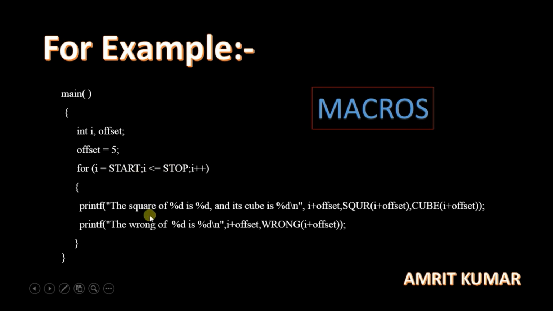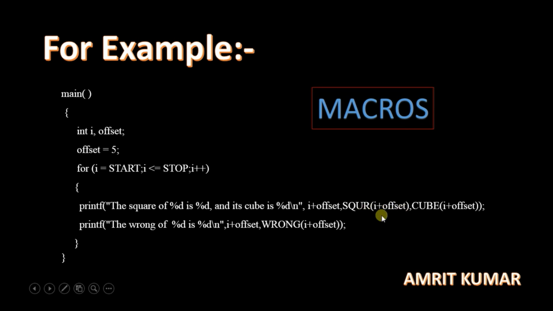After execution, when i is 1, the condition is true, because i is less than or equal to 9, therefore this statement is going to execute. It will print the square of %d and the cube of %d, which is i plus offset. i is 1 here and offset is 5, so 6, comma, square of 6.